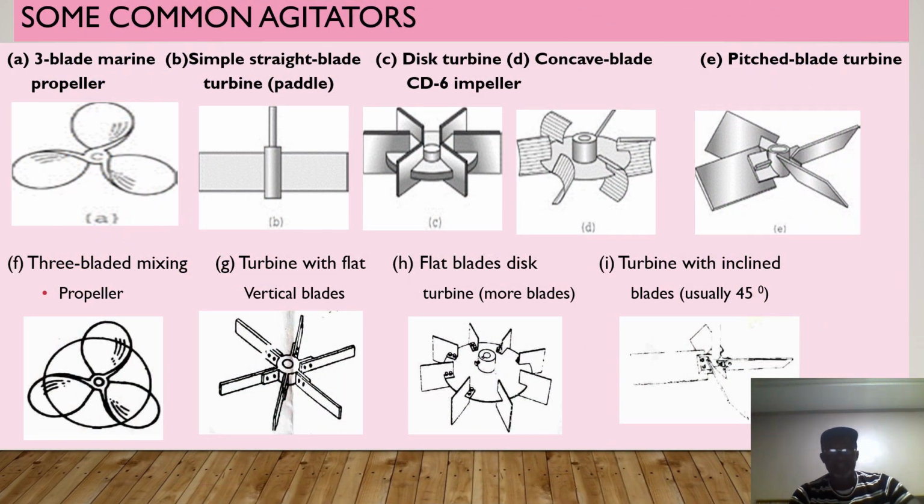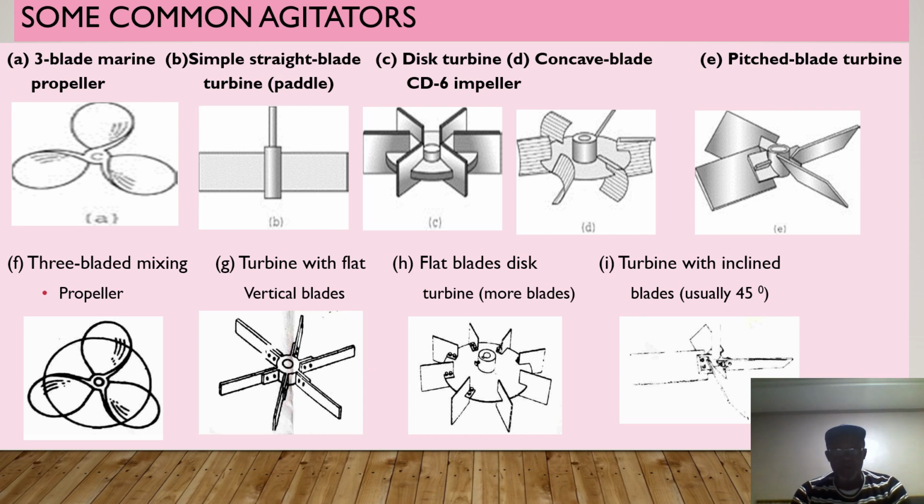Now, these are common agitators, as you can see, such as the 3-blade marine propeller. If you look at all these agitators, you see different shapes doing different jobs, because all liquids are not the same. Remember, viscosity plays a very big role. If you use an impeller that is not strong to mix very highly viscous liquids, as we shall also see with pastes and slurries, you might end up spoiling that agitator.